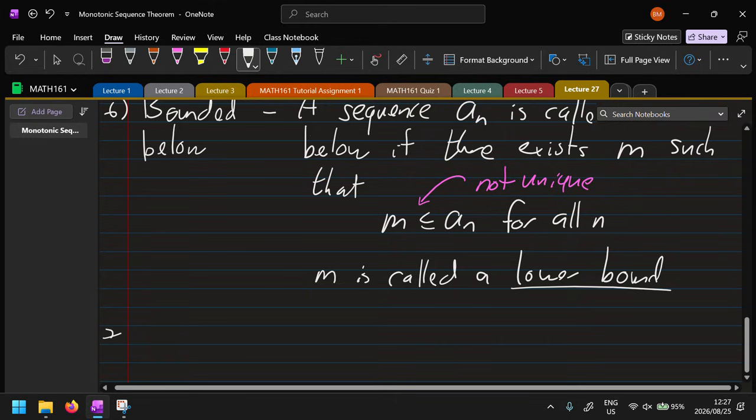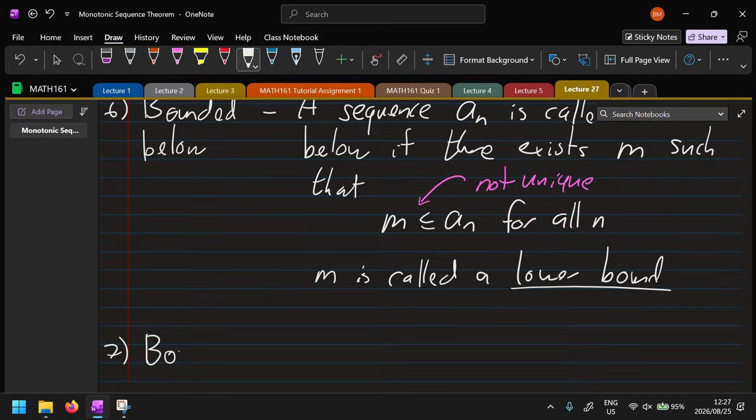And finally, number seven, bounded. Please don't mix up this terminology. We have bounded above, that's one thing. Bounded below, that's another thing. And bounded, that's a third thing. You can't use them interchangeably.